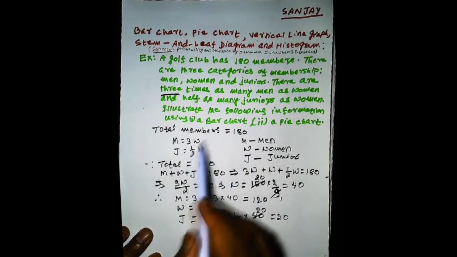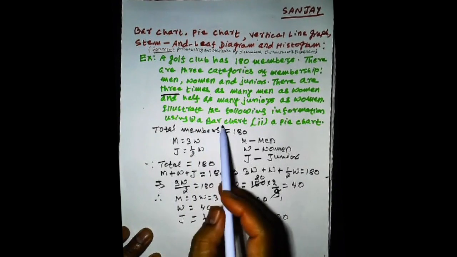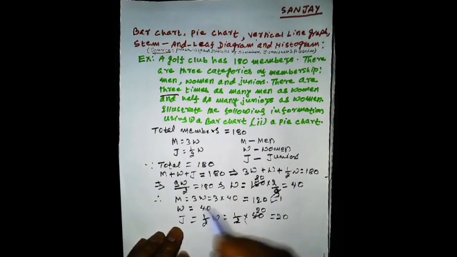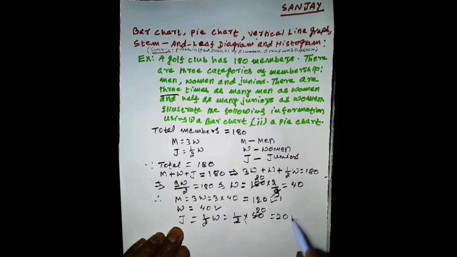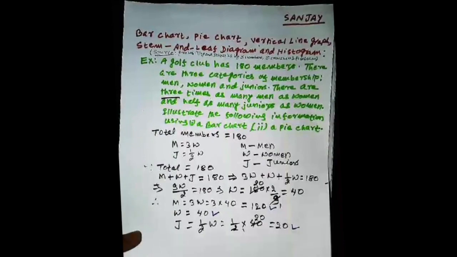Now the first question says that you have to illustrate this information on a bar chart. So note it down. Men is 120, women is 40, and junior is 20. Now let's go to the bar chart.